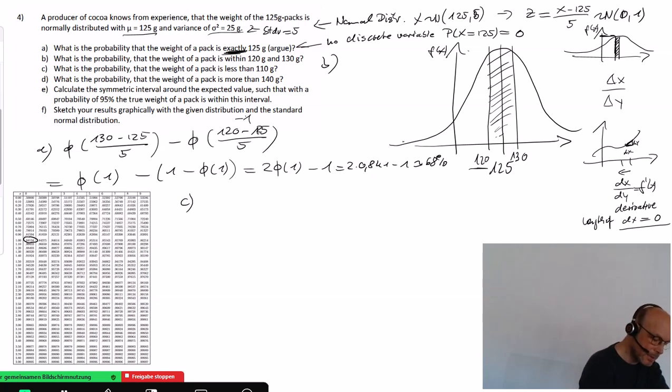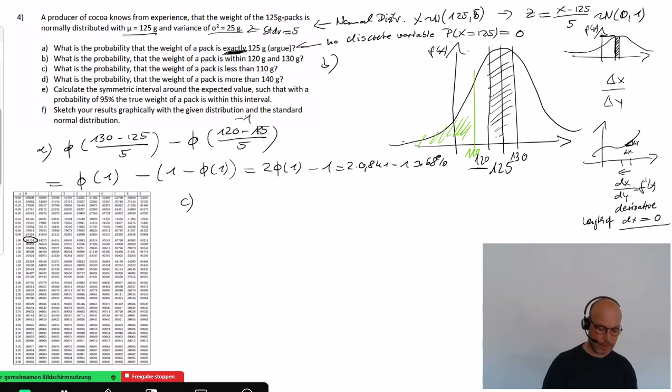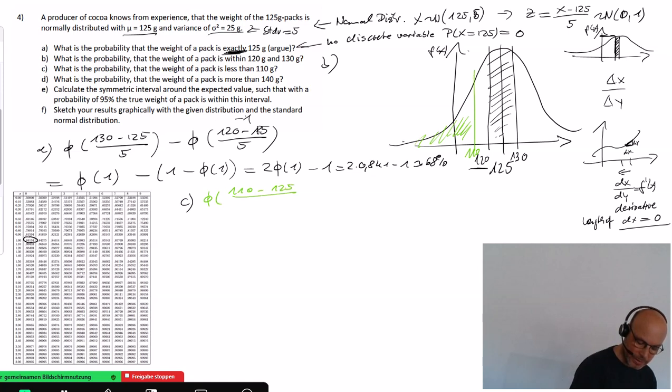C, what is the probability of less than 110? This is even a little easier. 110, this would be this. So we obtain phi of (110 minus 125) over 5, which is phi of minus 3.